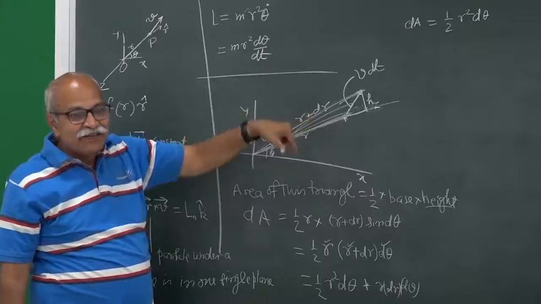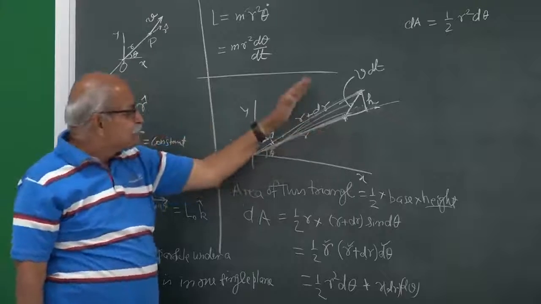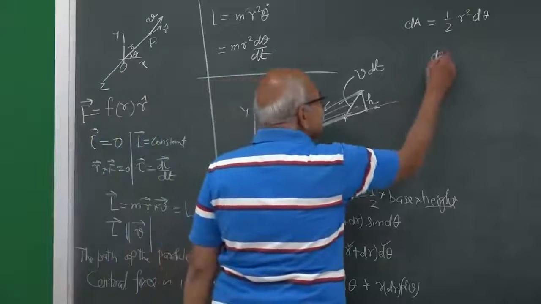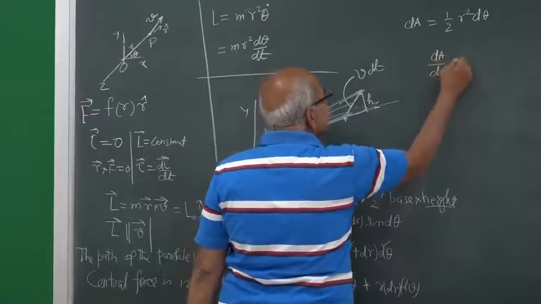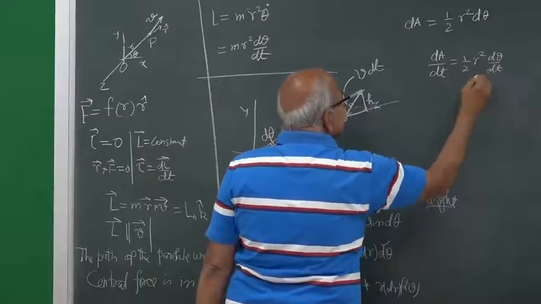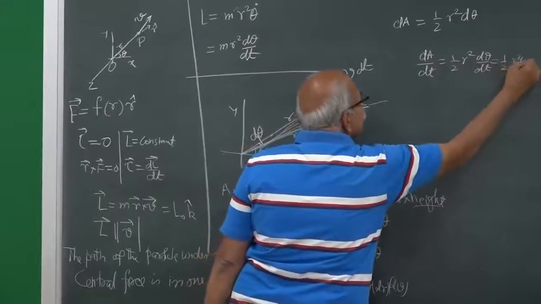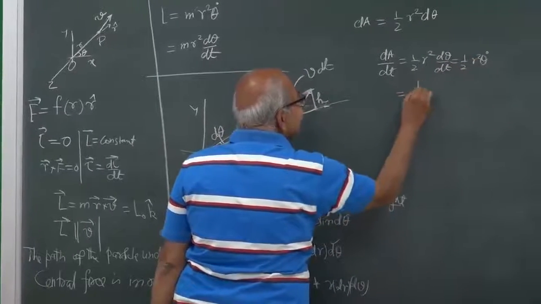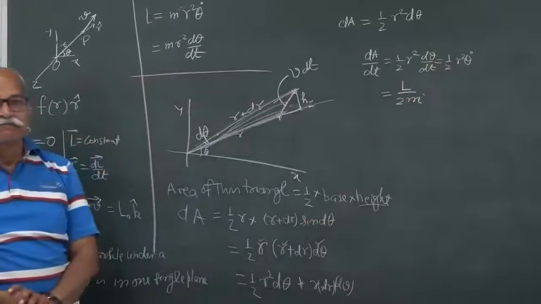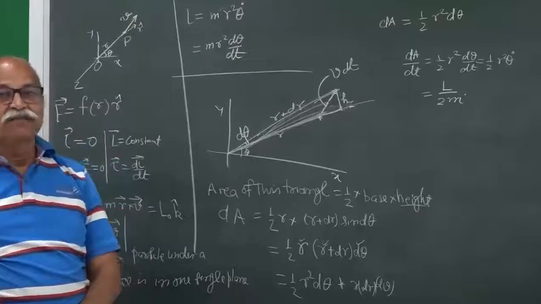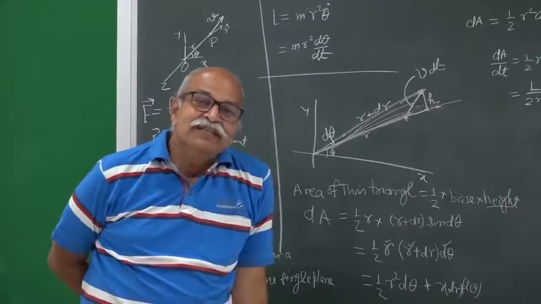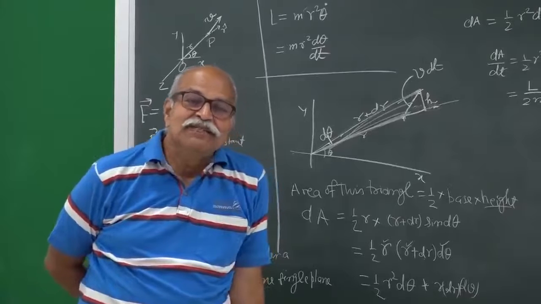So, the rate at which this radius vector is sweeping the area will be dA dt, and that dA dt will be half r square d theta dt, that is half r square theta dot, and that is L divided by 2m. Constant, independent of time. The magnitude of angular momentum does not change with time.